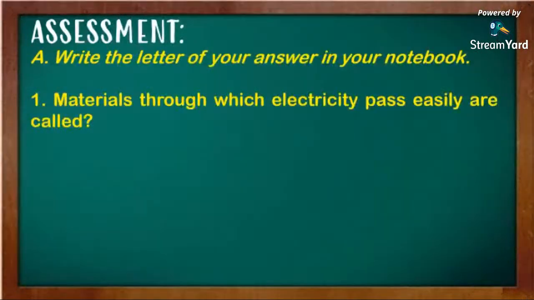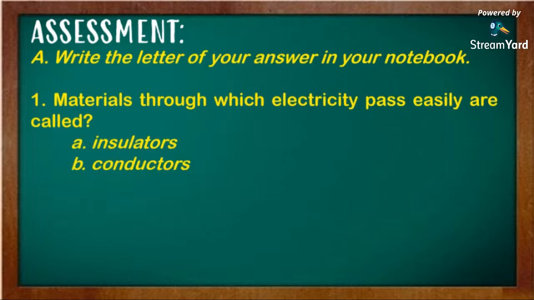Okay, children, let's see if you understand our lesson. Write the letter of your answer in your notebook. Number 1 question. Materials through which electricity passes easily are called: Letter A, insulators. Letter B, conductors.